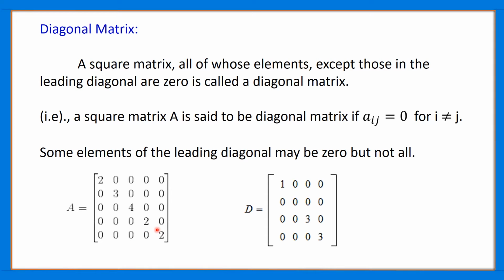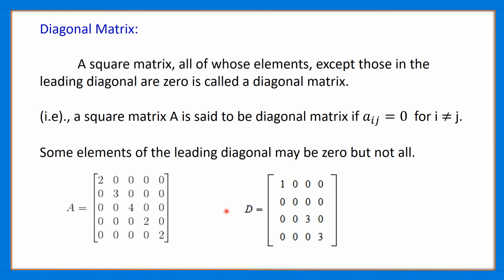When we look into the leading diagonal elements, we find that they are 2, 3, 4, 2, 2, and the rest of the elements in the matrix are 0. Therefore, the matrix A is a diagonal matrix according to the definition.